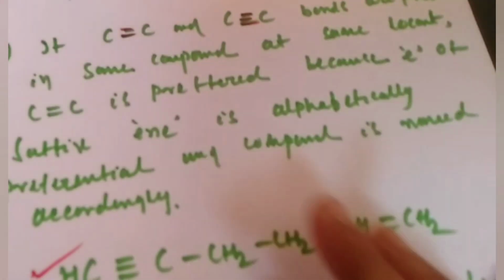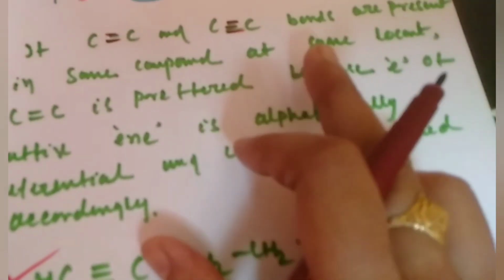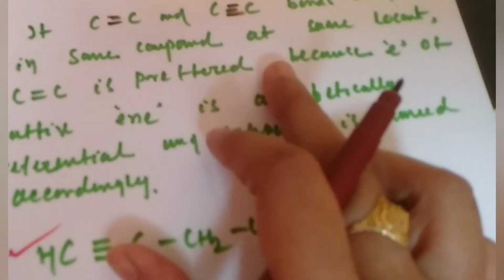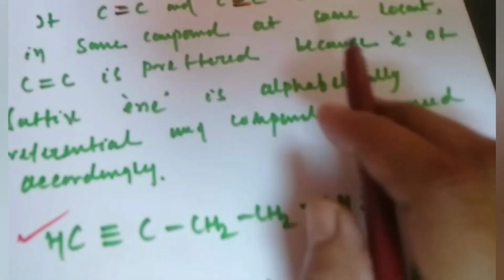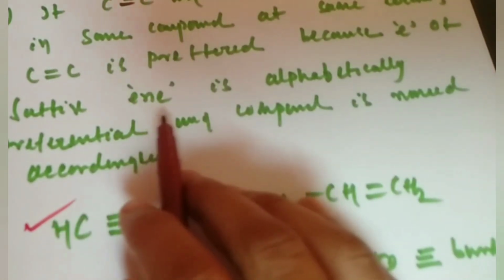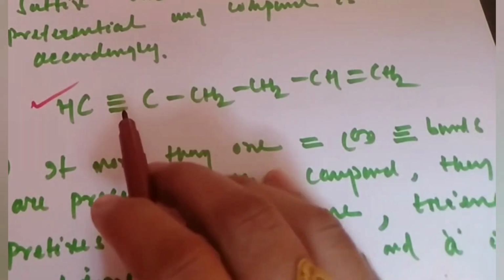Now next rule. Next is, if carbon-carbon double bond and carbon-carbon triple bonds are present in a compound at the same locant, the carbon-carbon double bond is preferred because E of the suffix ene is alphabetically preferential, and the compound is named accordingly. Okay. So suppose this is the example where in this compound both double and triple bonds are present.